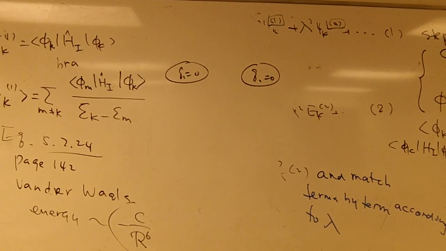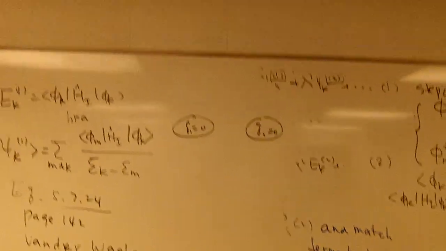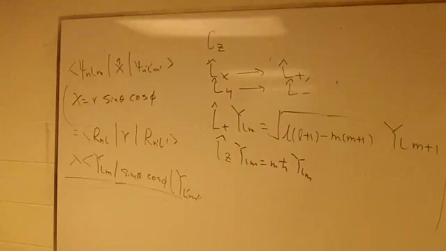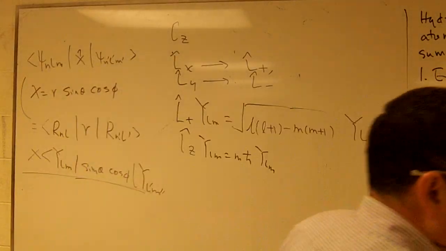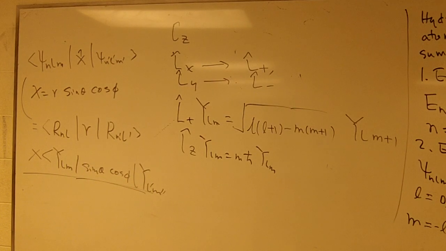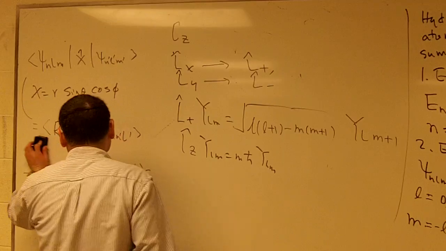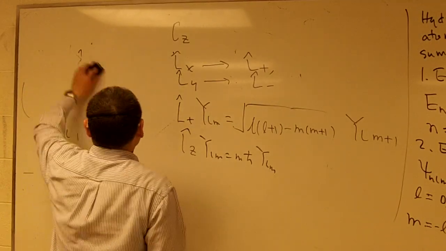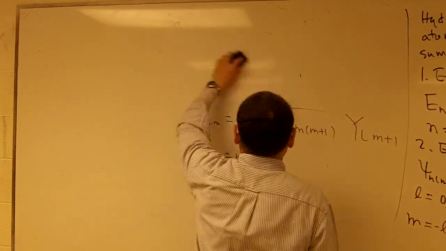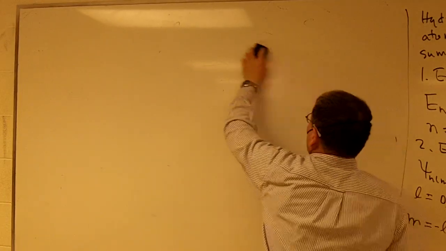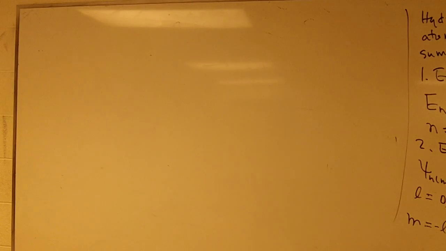Okay, so so far we just covered the so-called non-degenerate perturbation theory. Now, today's main focus is on the degenerate perturbation theory. This one is slightly more exciting, and not overly complicated compared to the non-degenerate perturbation theory. So we're going to talk about this now.